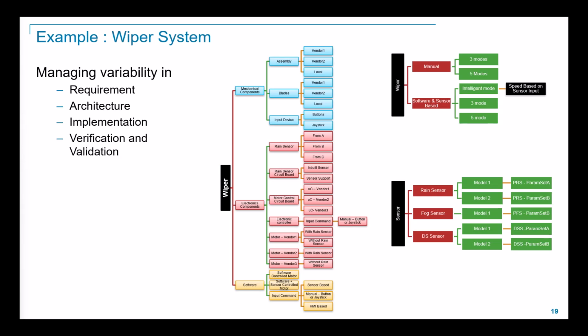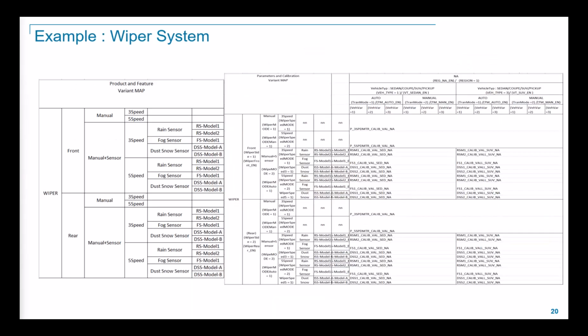In this demo, I'm covering topics with respect to managing variability in requirements, architecture, implementation, and verification and validation. Let us consider different requirements for the different configurations of a wiper system.